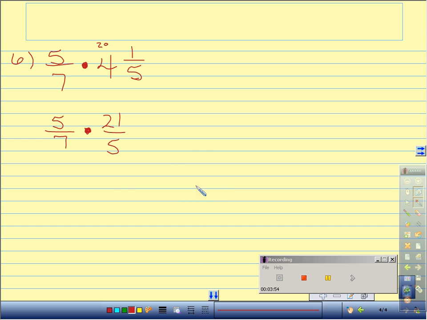Okay? I can cross-reduce both ways. 5 goes into itself once. 5 goes into itself once. 7 goes into itself one time. 7 goes into 21 3 times. Look how we shorten this problem. 1 times 3 is 3. 1 times 1 is 1. 3 over 1 is equal to 3.